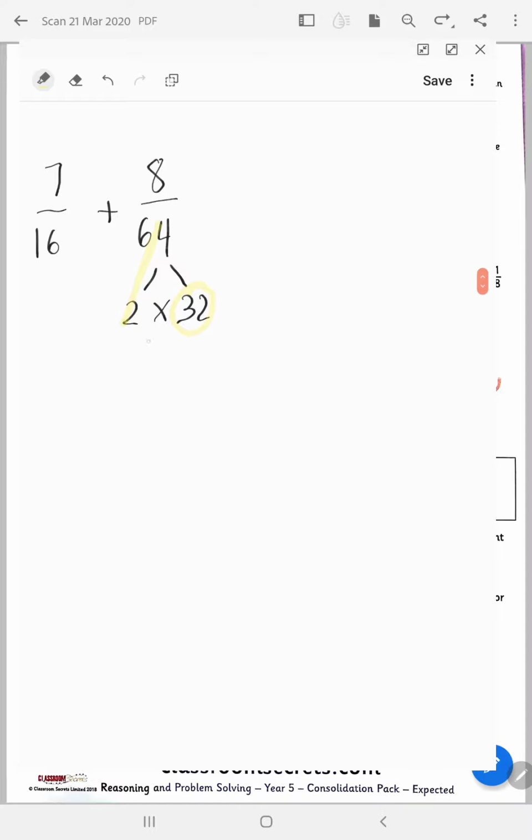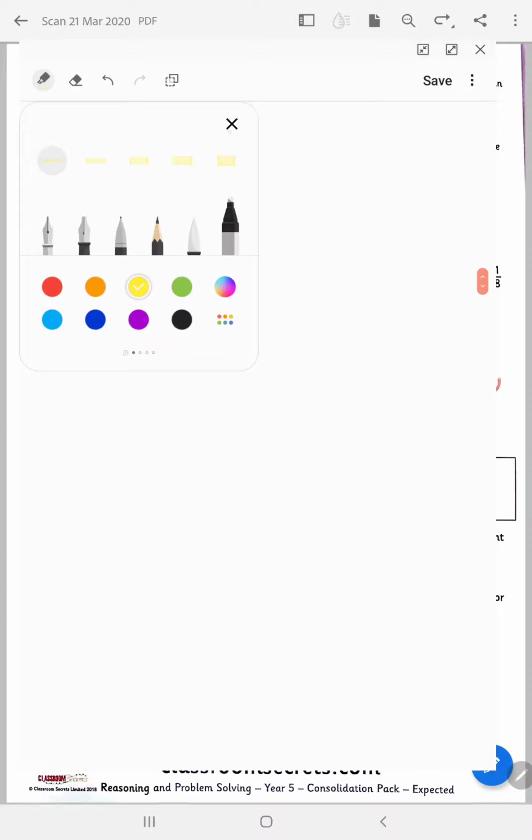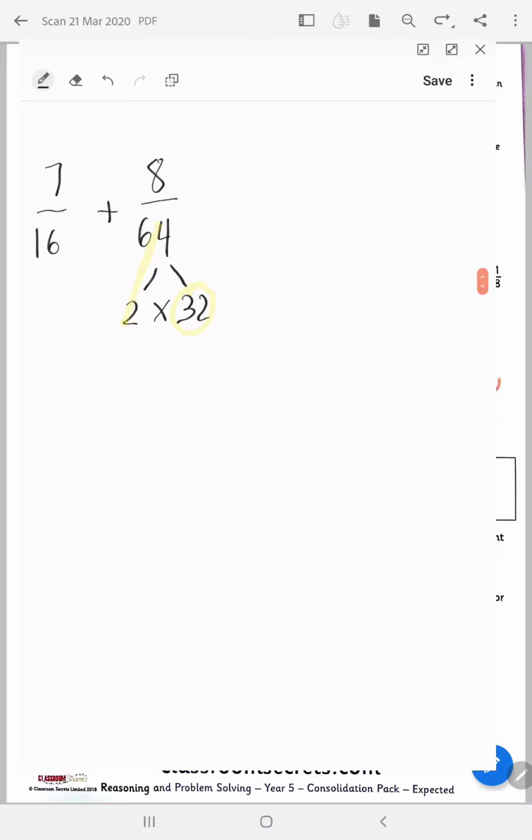So now we've got to 32, I also know that 16 times 2 is 32. So let's put that in. I've got 16 times 2 equals 32. And what we do to the denominator, we do to the numerator. So I have now 14 over 32.